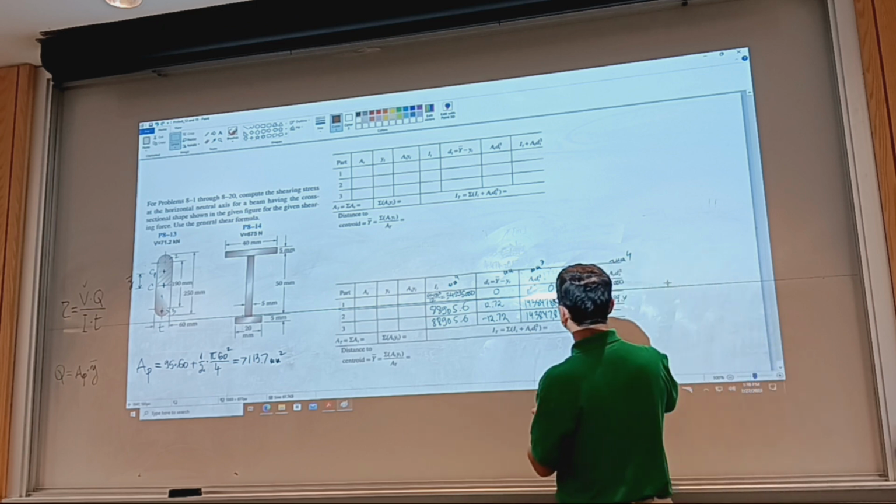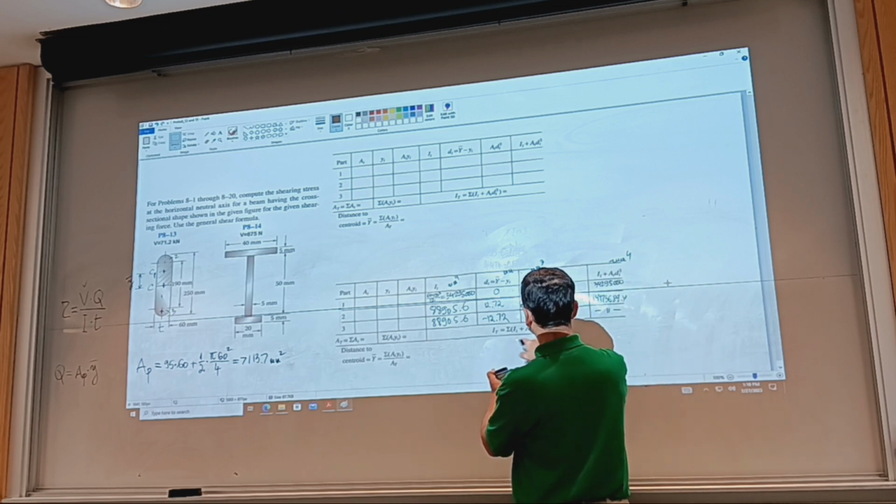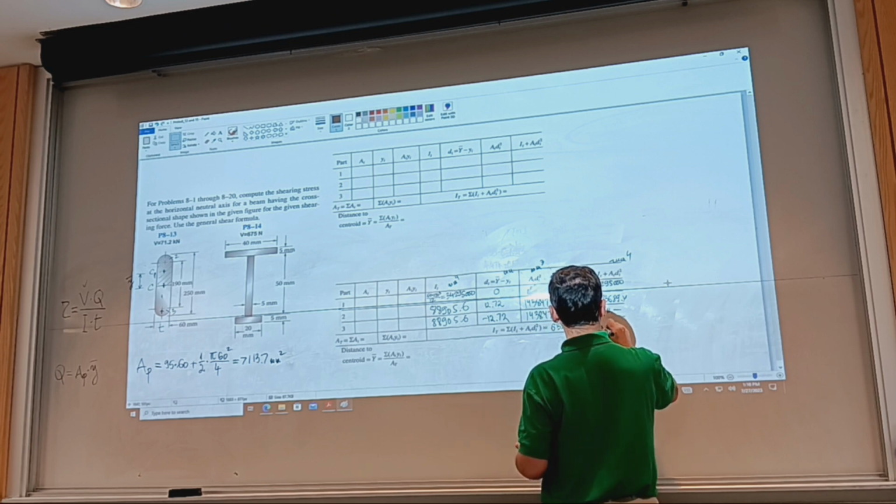All right, so this sum is 6,324,237.869, in millimeters to the power 4.